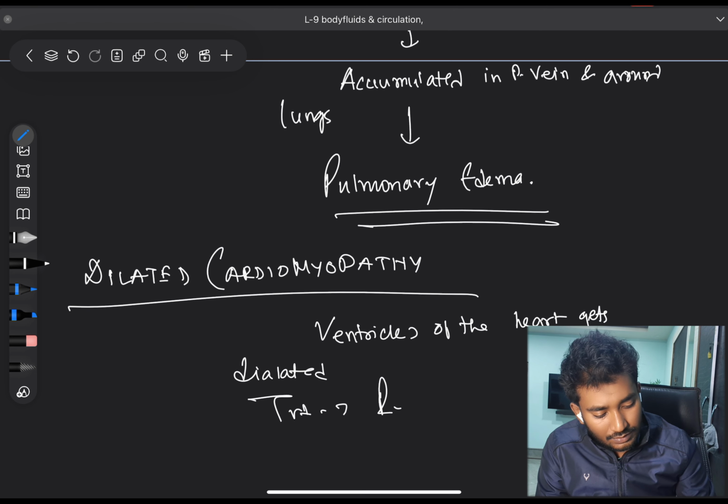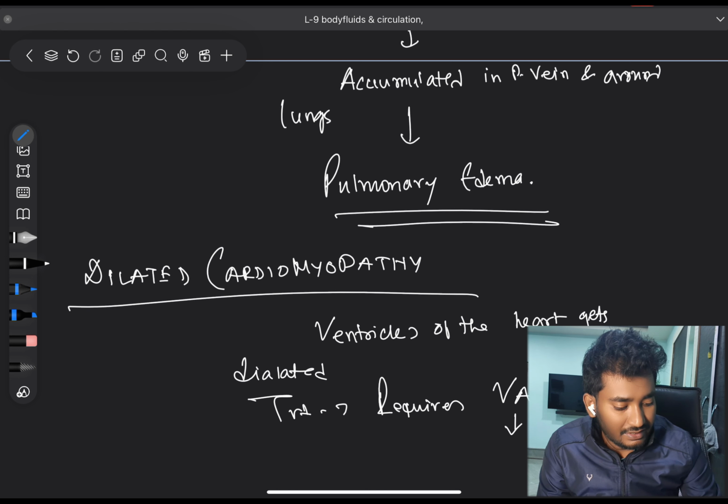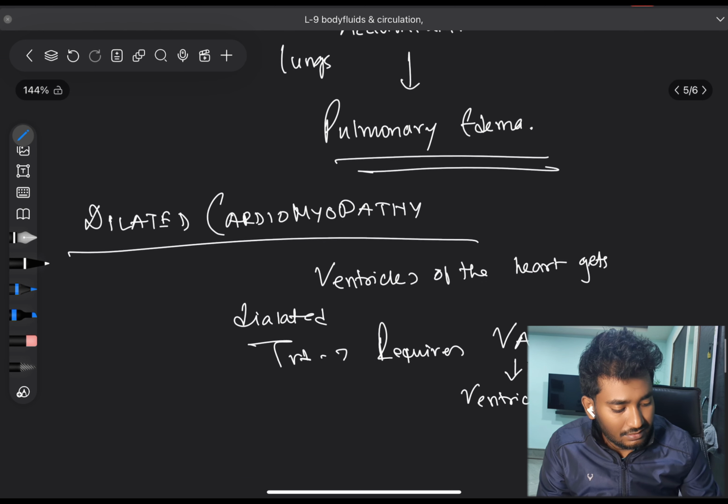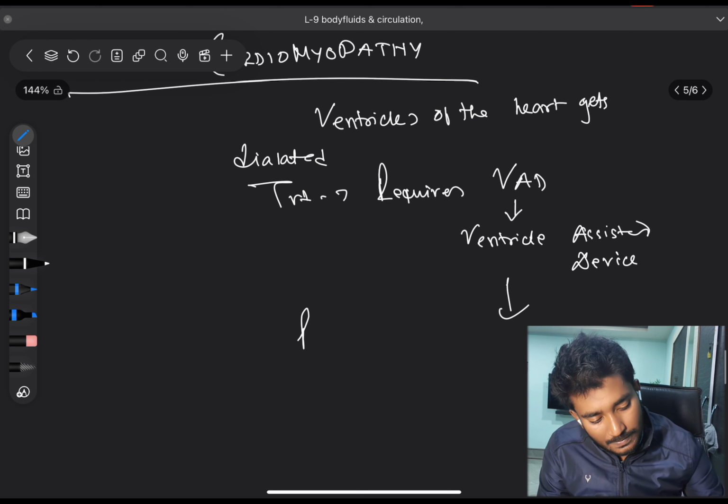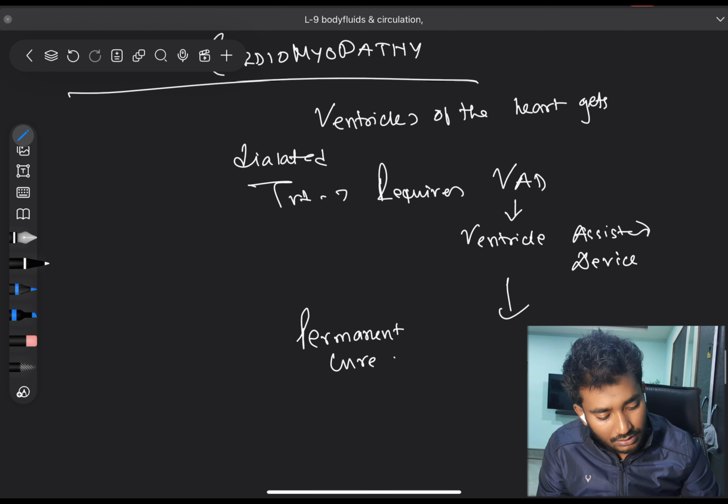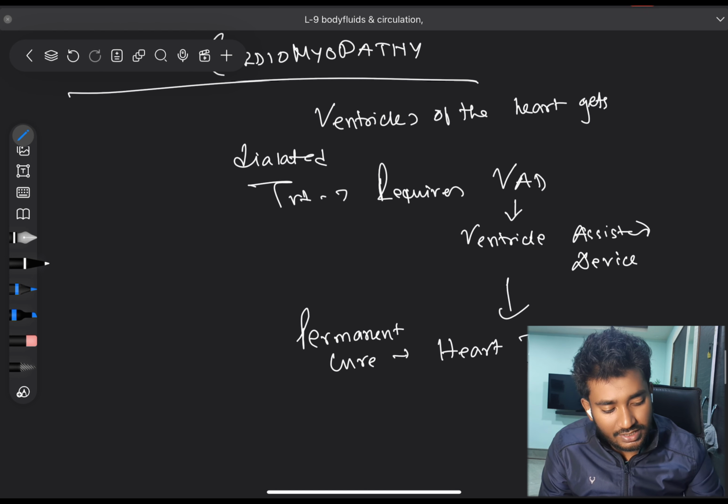Treatment requires a VAD, ventricular assist device, or a permanent cure. The permanent cure is heart transplantation.